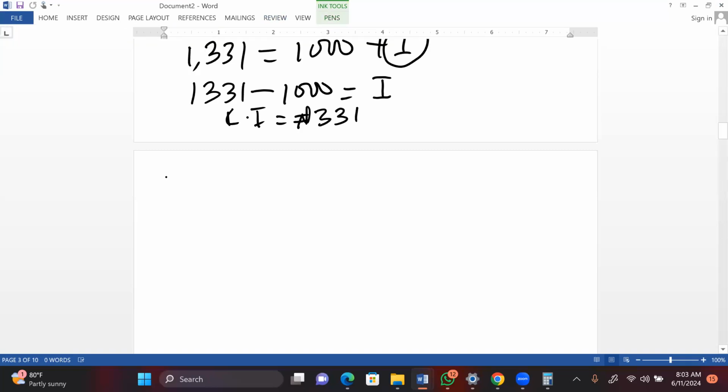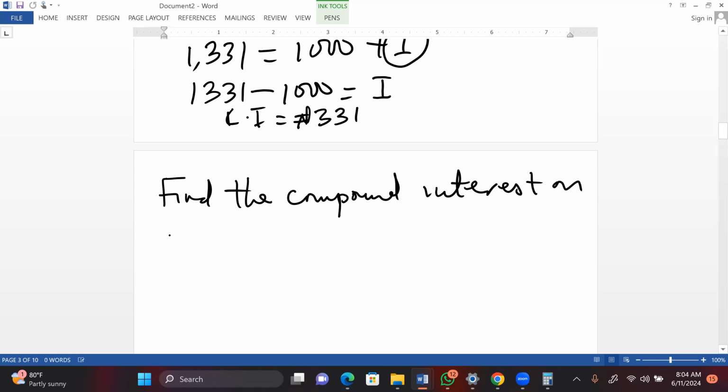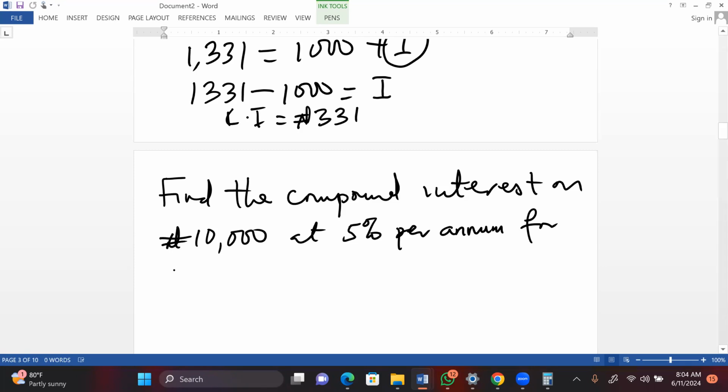The question is: find the compound interest on 10,000 naira at 5% per annum for 4 years, using the two methods.